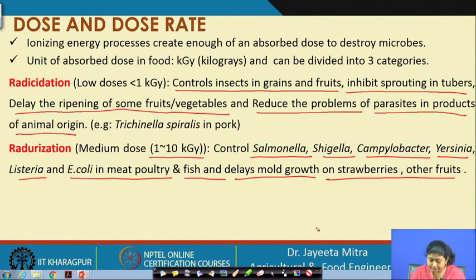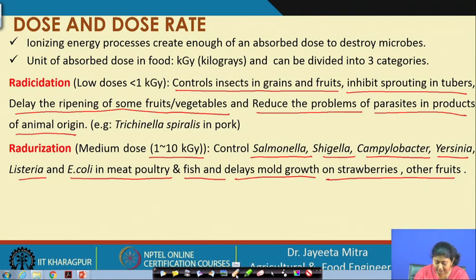That means we can see how mild radiation treatment to moderately high radiation treatment can cause different functions in the preservation of the food.